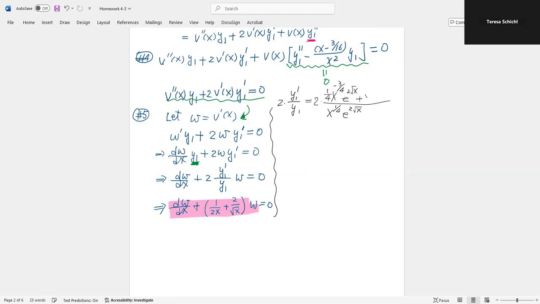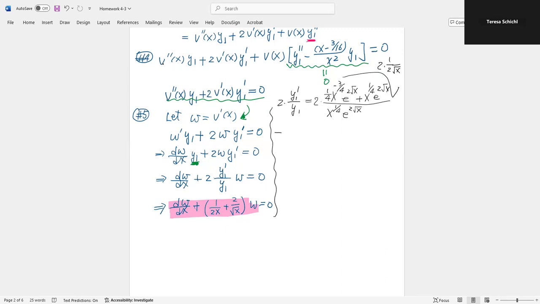Then plus x to the 1/4. Then take the second term's derivative. The derivative of the exponential will be itself, e to the 2 square root of x. Oh, I ran out of space. Then times the chain rule of 2 square root of x, so this will be 2 times 1/2 square root of x. Now you simplify it a bit.